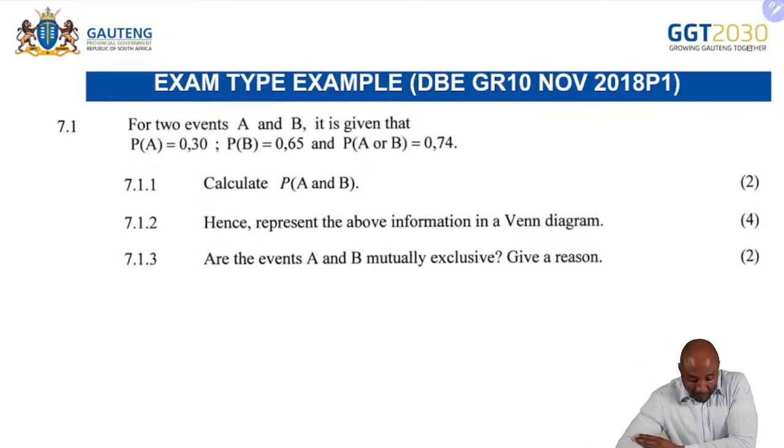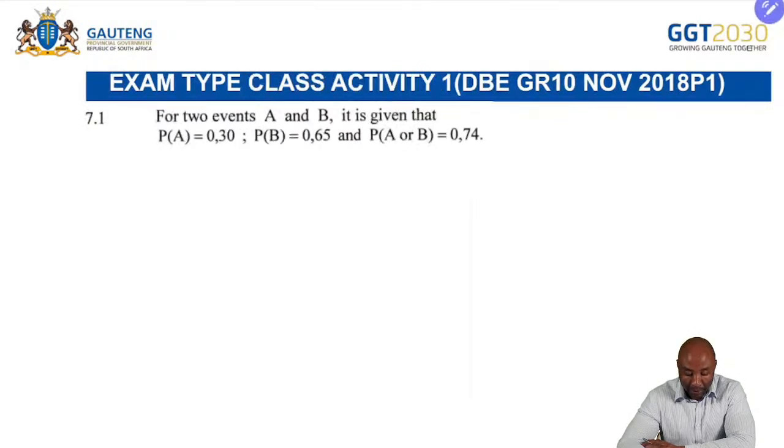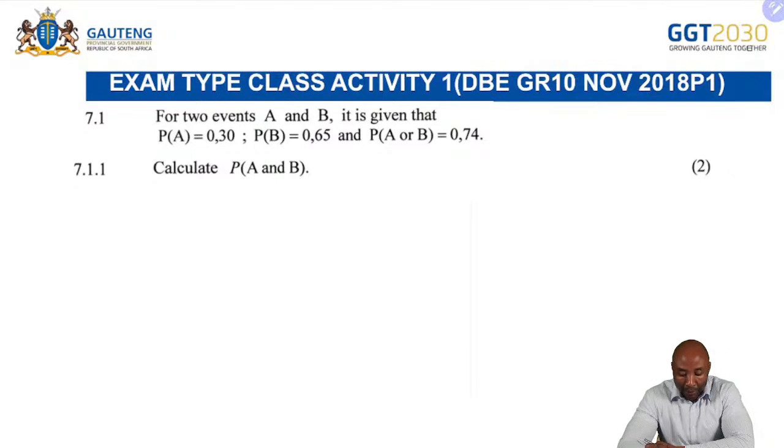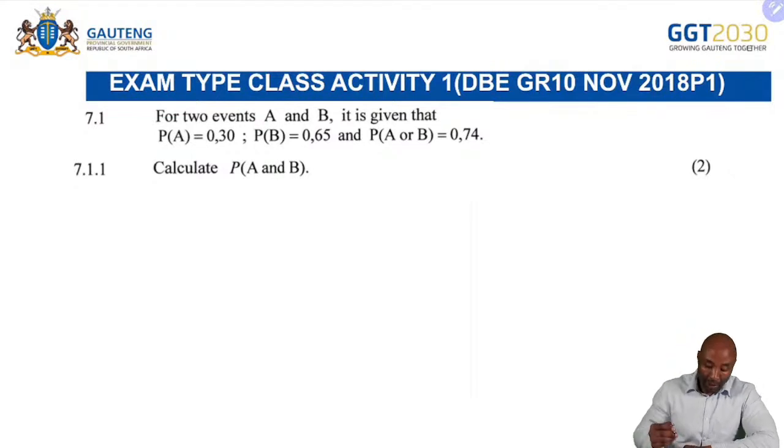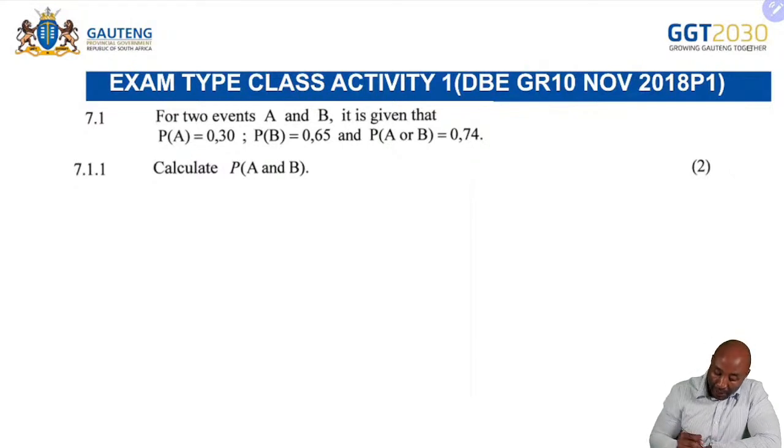Welcome back. I hope you were able to apply what we have done. So you'll be able to see that for us to solve this problem, we need to calculate the probability of A and B. So you can see that in most of these questions, we need to use our probability identity.